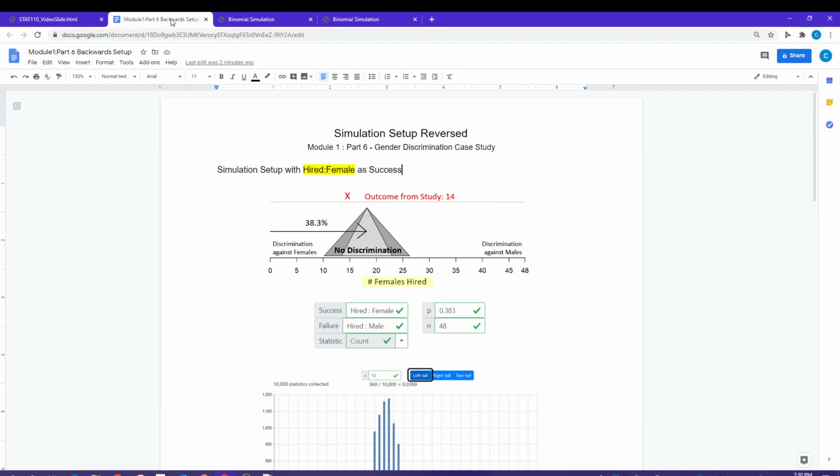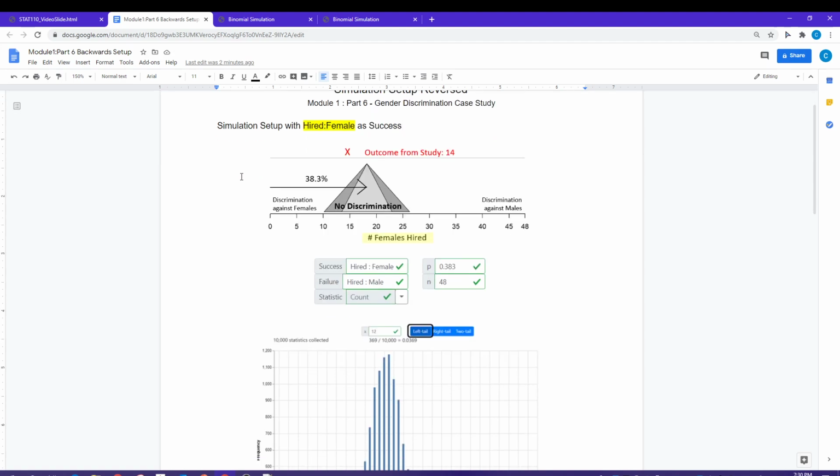So the example that we're going to continue to look at here is from Module 1, Part 6. It talks about the gender discrimination case study. What we had done in the notes was to set up a situation for hired females being a success. The setup of our reference distribution looked like what we have here in the middle of the screen. The reference distribution is set up under no discrimination.